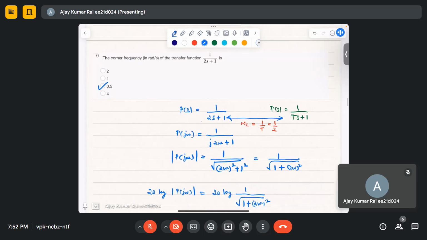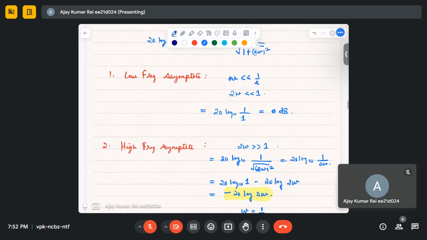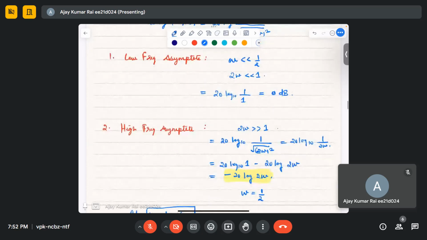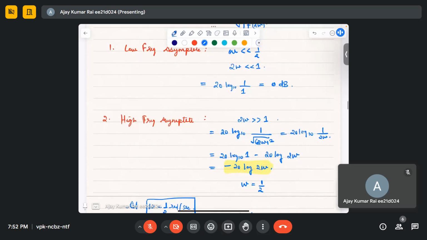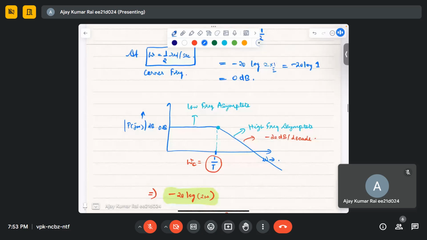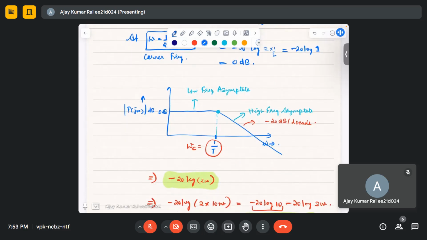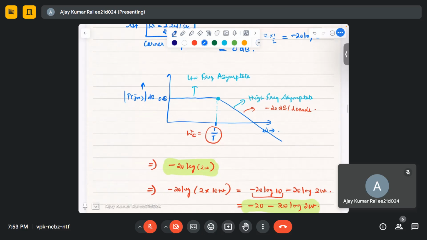Corner frequency you can directly relate with the generic 1 by Ts plus 1. Otherwise, you have to find the low frequency asymptote and high frequency asymptote and see where they intersect; that value is the corner frequency. I have also drawn the low frequency asymptote and high frequency asymptote here, and they intersect at the corner frequency.